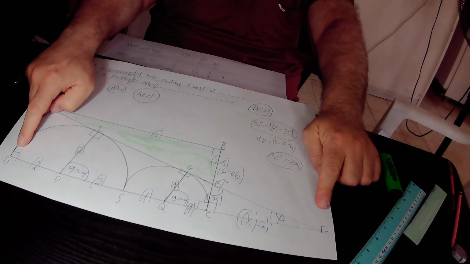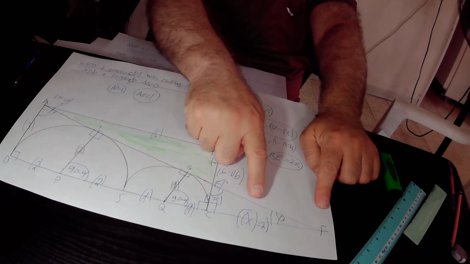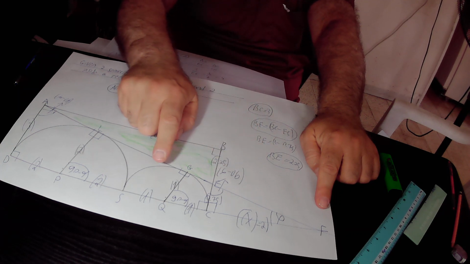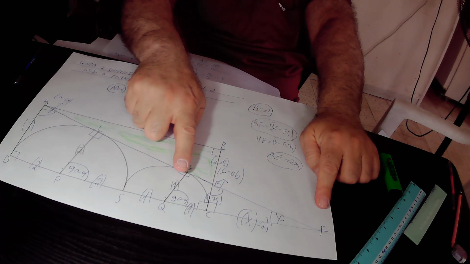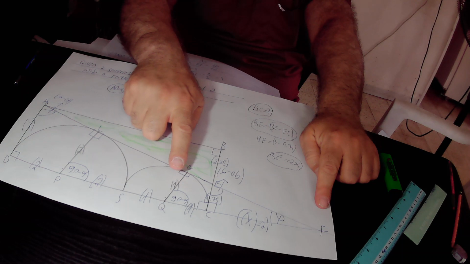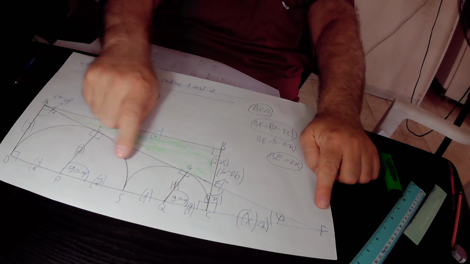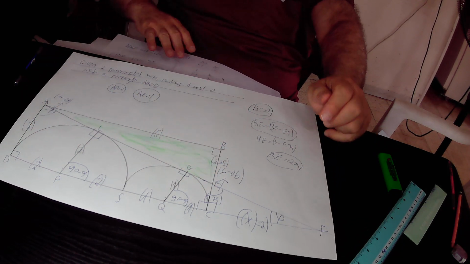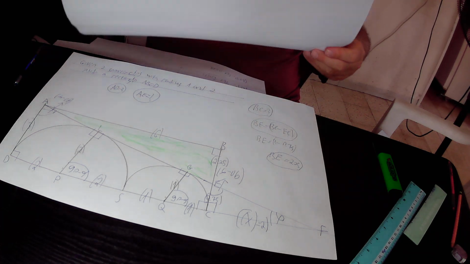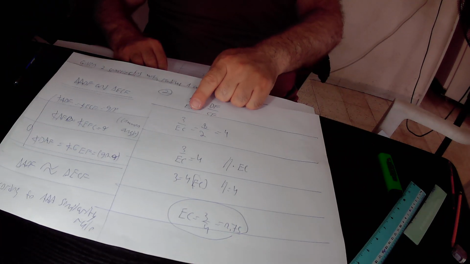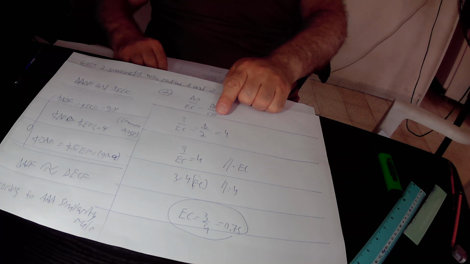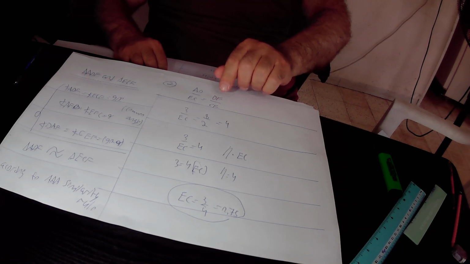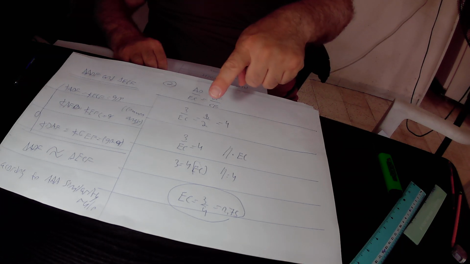DF in total equals 2 plus 2 plus 2, that is 6, plus 1 plus 1, so in total it is 8. So DF equals 8, and CF equals 2. So in total we found that 3 over EC equals 8 over 2. 8 over 2 is 4, so 3 over EC equals 4.